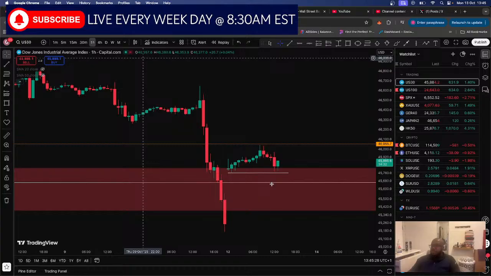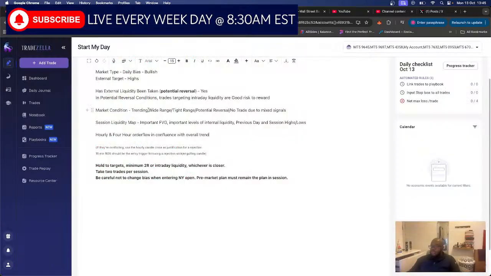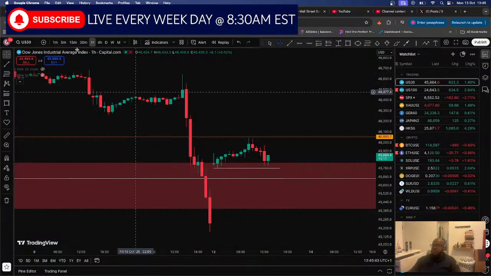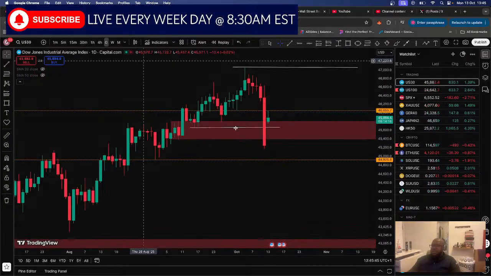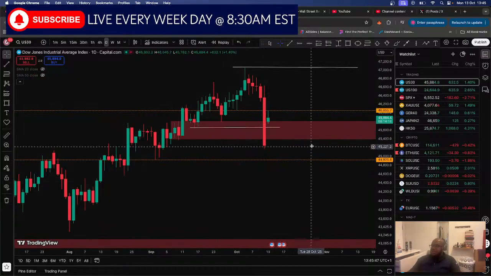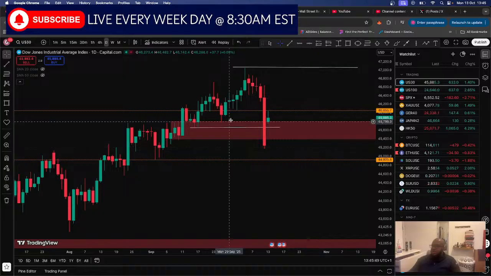So where's our intraday liquidity? First things first, we want to ensure that we understand that we're in a trending market condition. Our session liquidity map, so where are the important levels on the chart? We don't actually have any fair value gaps at this current moment in time. We do have this area of demand, so I'll just jot that down.